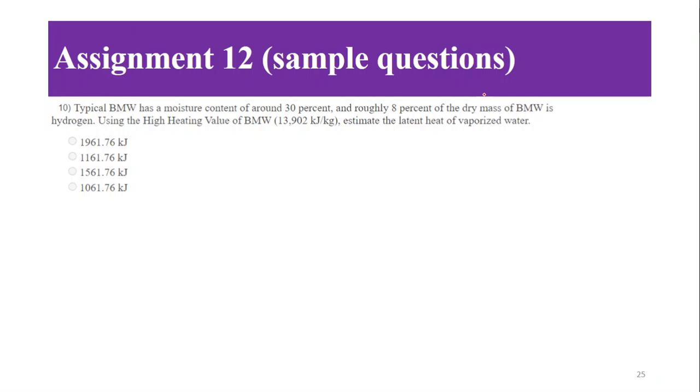So now we know the mass of hydrogen, we know the mass of moisture in 1 kg of biomedical waste. We need to find out the latent heat of vaporized water. So we were given the formula as QL is equal to 2440 into W plus 9H. So this moisture is basically W and this hydrogen is H. Okay.